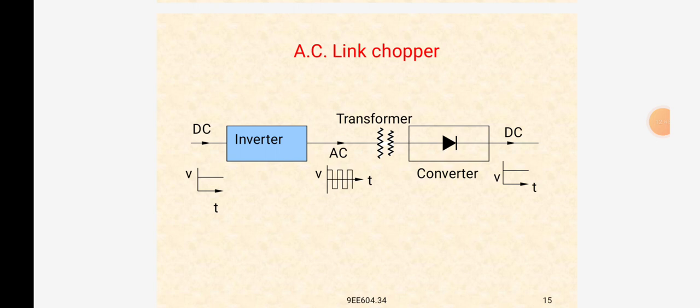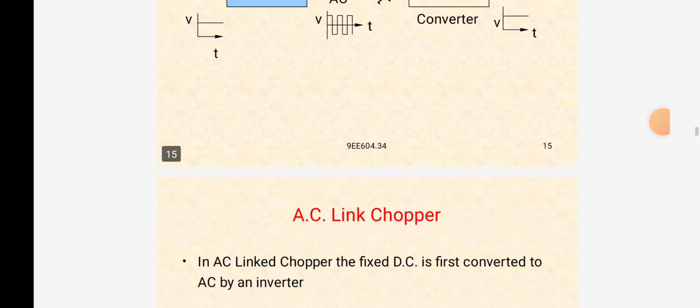AC is then stepped up or stepped down by using a transformer, which is then converted back to DC by using a diode rectifier. These choppers require two stages of conversion, and hence are costly, bulky and less efficient.